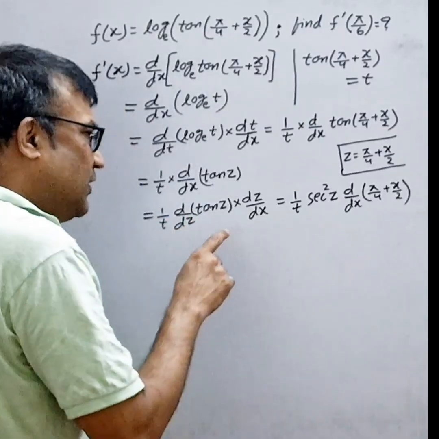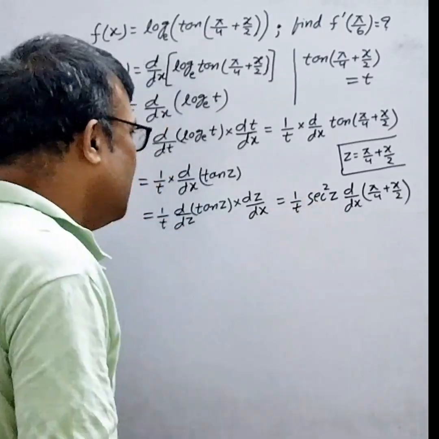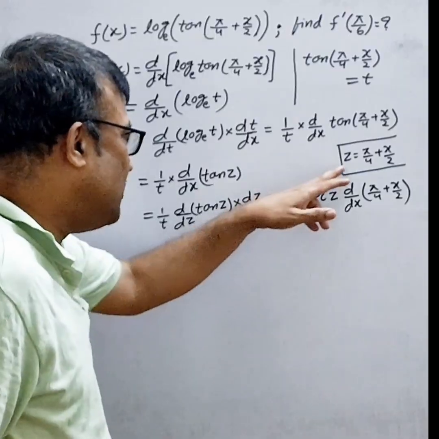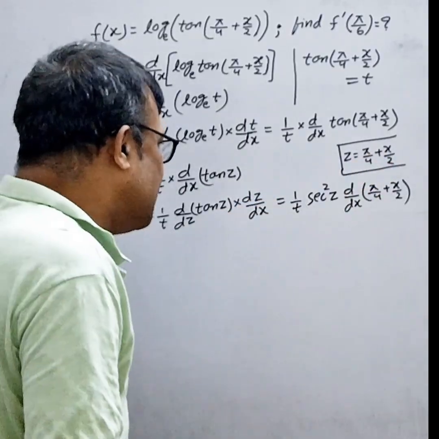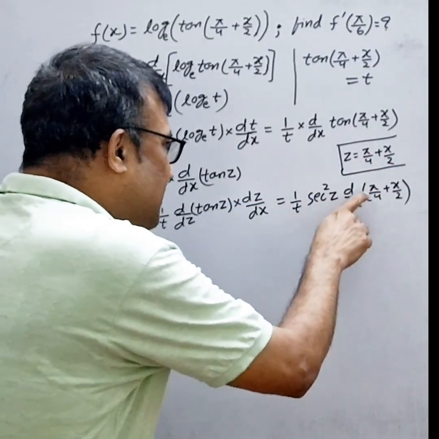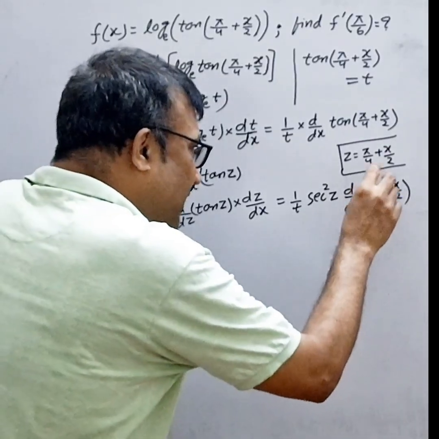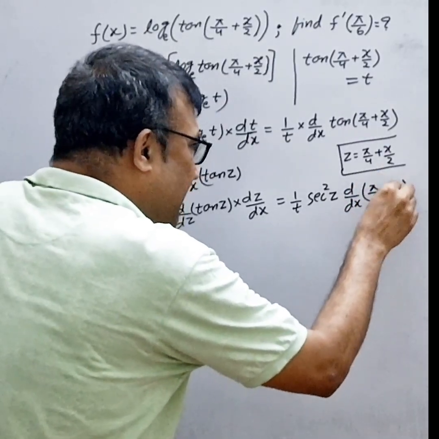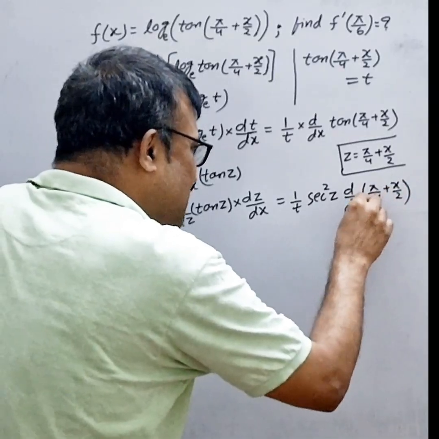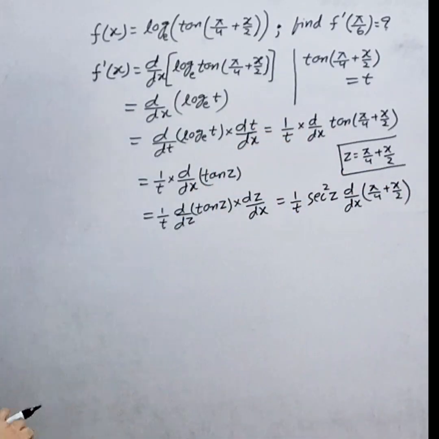The differentiation of tan z is sec square z. Now here in place of z we put its corresponding expression in x. So this will become d/dx of (pi/4 + x/2). Now this is in the form of a differentiation formula. Both terms can be differentiated with respect to x, so the differentiation will be complete.